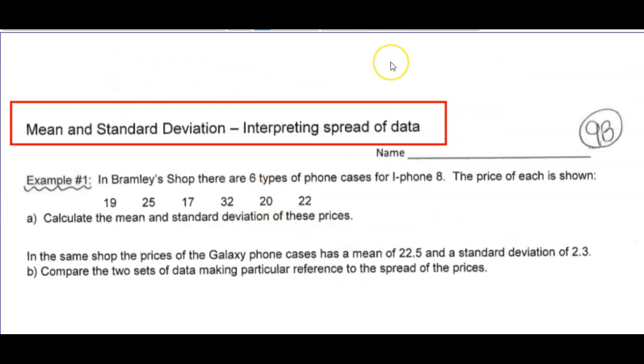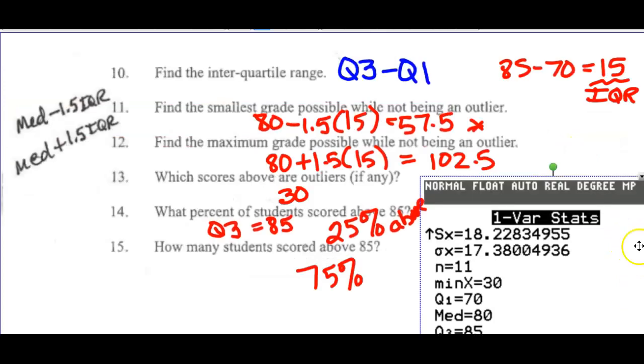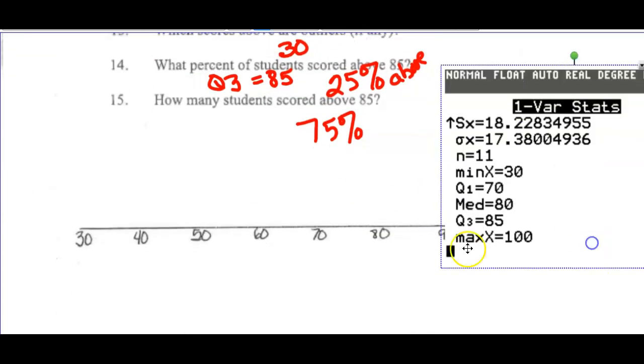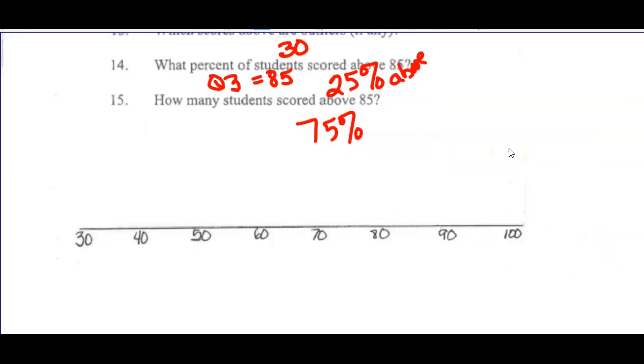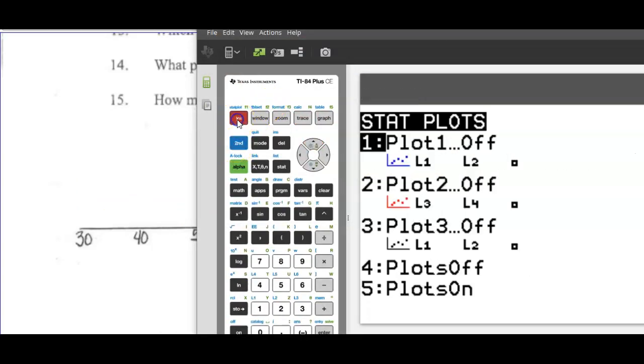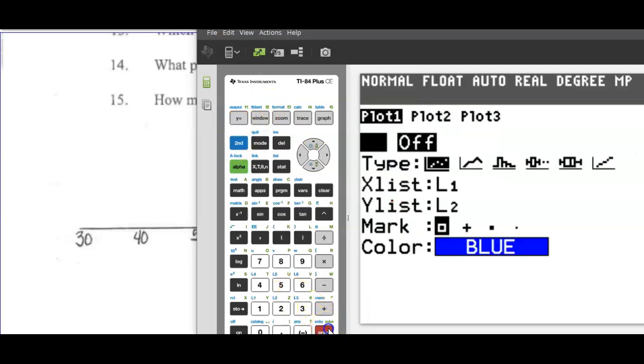All right, now this is not what I thought was on the next page. Let me go back and scroll down. Here we go. Okay, so what we need to do now is to draw the box and whisker plot down here. So I'm going to go to my calculator just to show you how to do this. It's second y equals, turn a stat plot on.